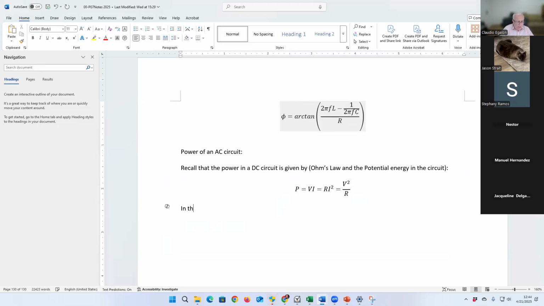In the case of a DC circuit, this power is constant because V does not vary.